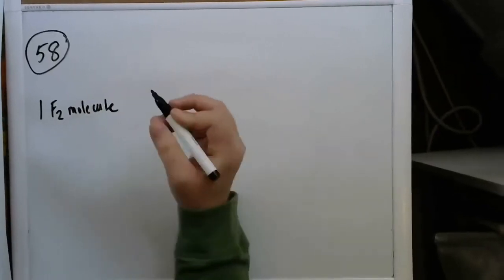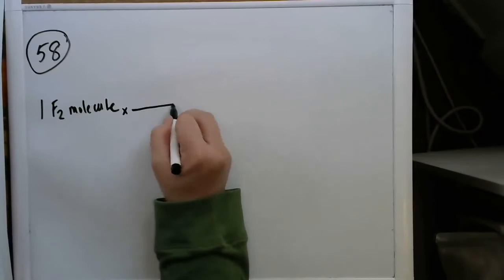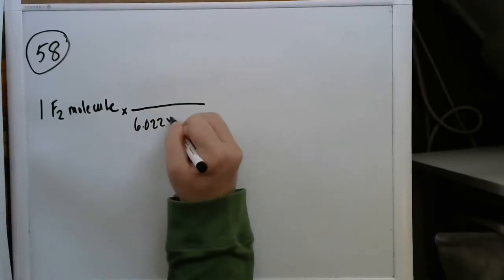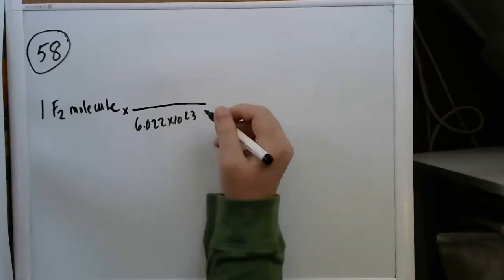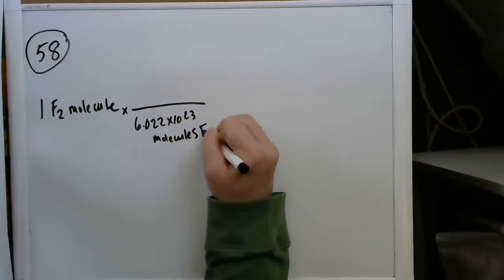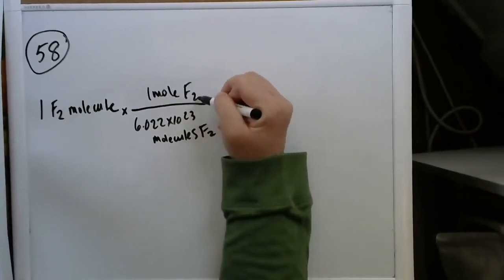So now our periodic table is in grams per mole, so that's how we have to look at this in terms of. So we know that there are going to be 6.022 times 10 to the 23 molecules of F2 in 1 mole of F2.